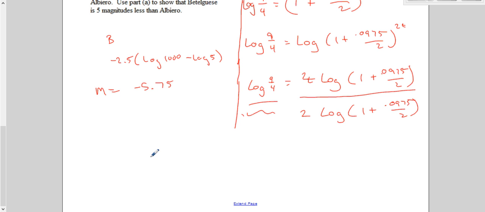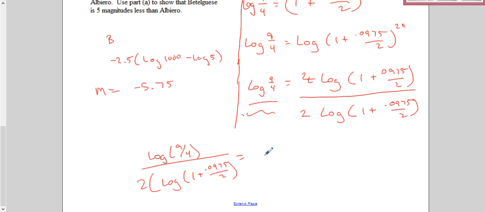So my final answer that I'm going to be putting in my calculator is going to be log of 9/4 divided by 2 times the log of 1 plus 0.0975 over 2, and get my answer. 8.52 years.